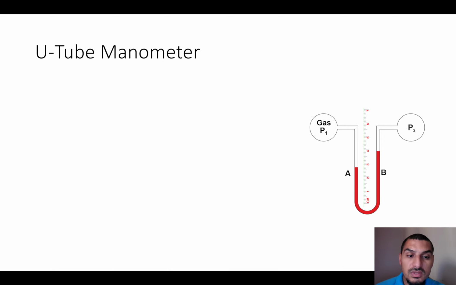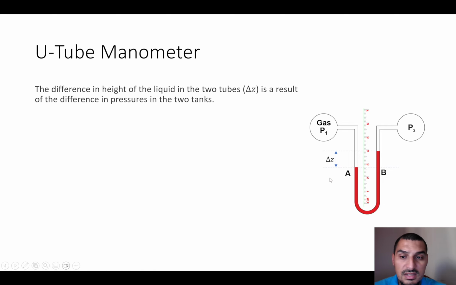The way we do it is by measuring the delta Z. Any U-tube manometer either has its own scale, like a built-in ruler, or you put it over a scaled surface, like a graph paper behind it, so that you can measure the difference in heights between the two sides of the manometer. Given that this difference in height is delta Z, the pressure difference P1 minus P2 can be measured.